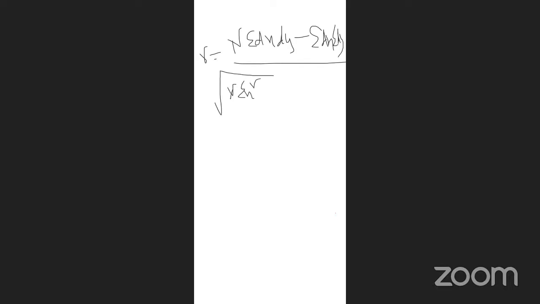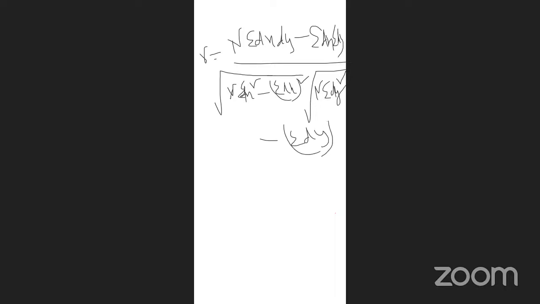Now we have the formula r is equal to n into sigma dx dy minus sigma dx into sigma dy, divided by under root n into sigma dx square minus sigma dx whole square, and again under root n into sigma dy square minus sigma dy whole square.